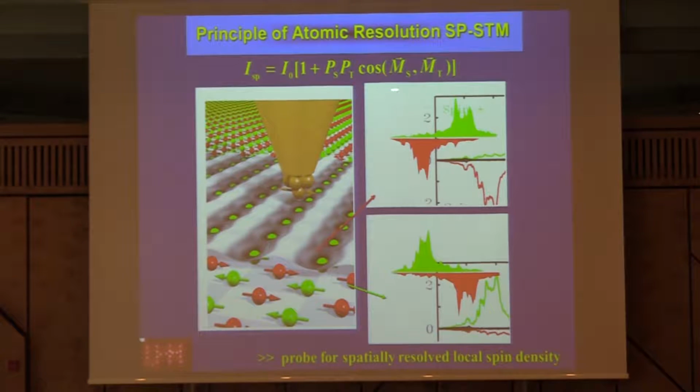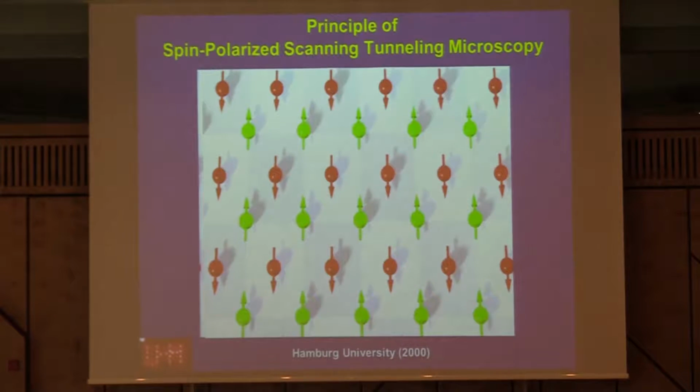And in this case, you can really show that this basic principle of spin-polarized conductance variations works down to the atomic level, and you can probe the spatially resolved local spin density in a vector-resolved fashion. So the kind of images you have seen this morning in the nice talk of Professor Gross, this kind of picture can be taken nowadays with spin-polarized STM with subatomic resolution.